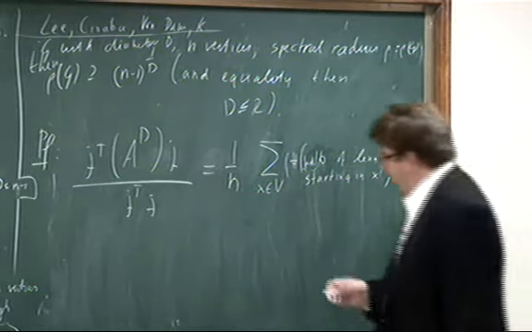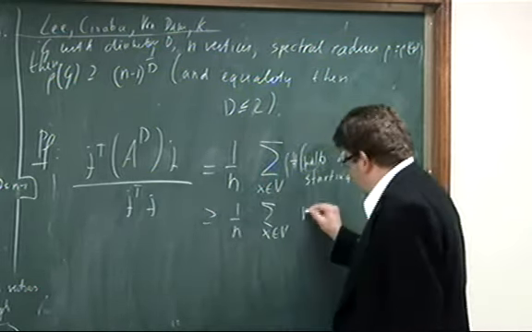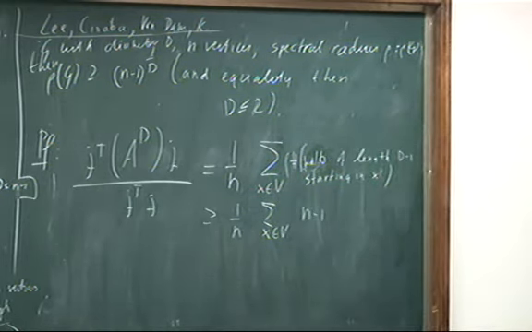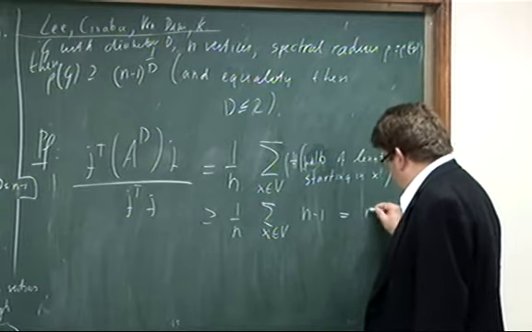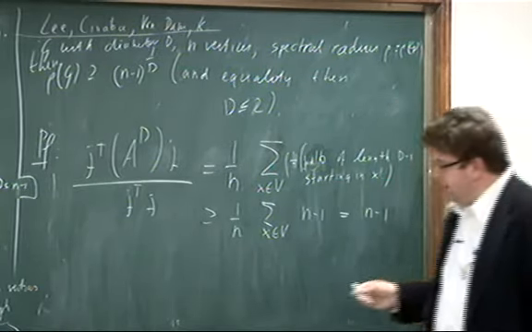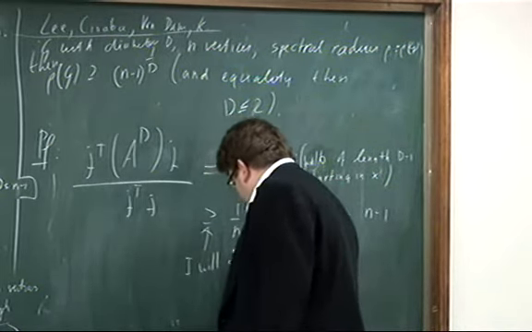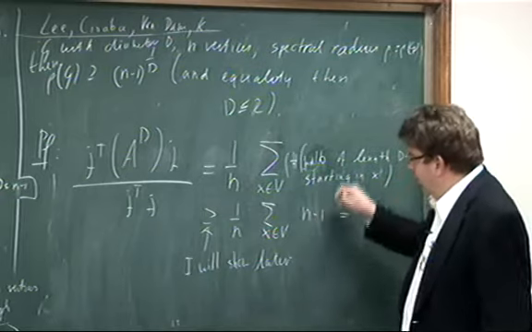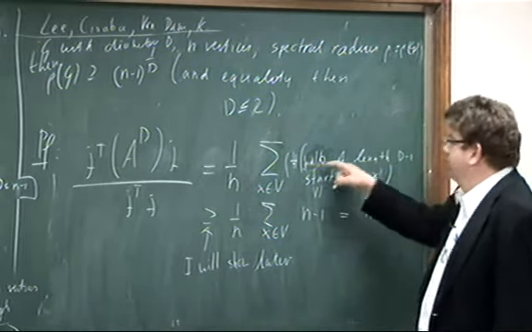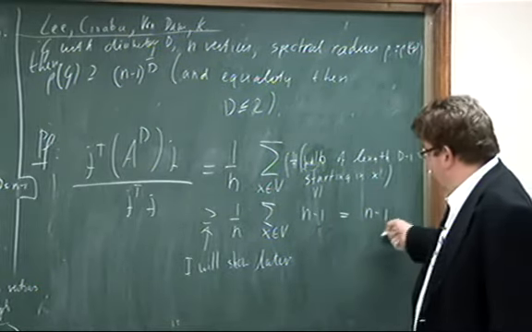But now my claim is that this is always greater or equal to n minus 1. But you can say, yeah, I will show later. So I will show that this is always greater or equal to this. The number of walks of length d minus 1 starting in x is at least n minus 1. And once you have shown this, then this is easy.